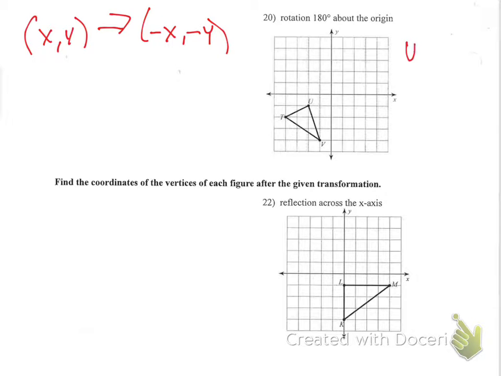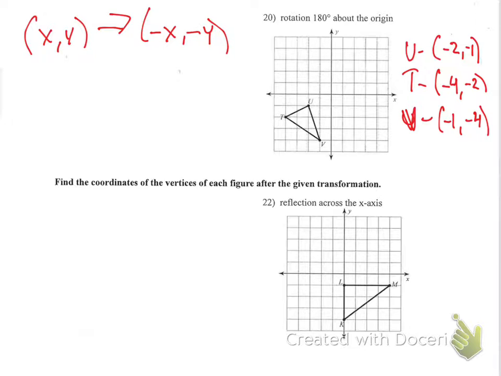The points we have are U, T, V. U is (-2, -1). T is (-4, -2). And V is (-1, -4). So we're just switching the signs. We're not actually flipping the x and the y.